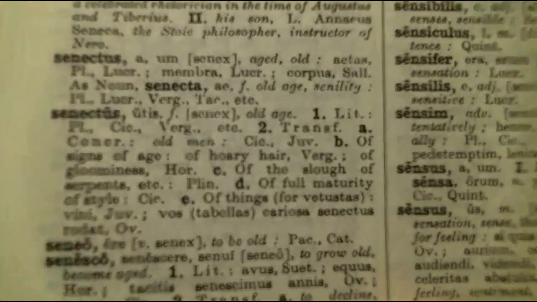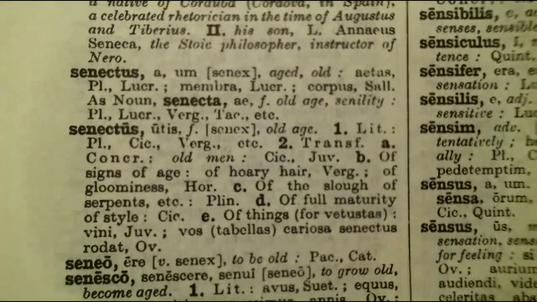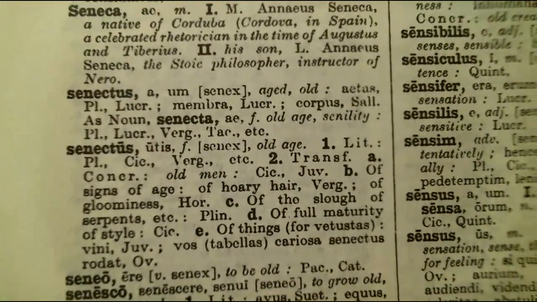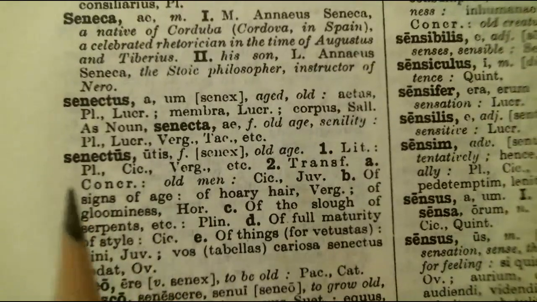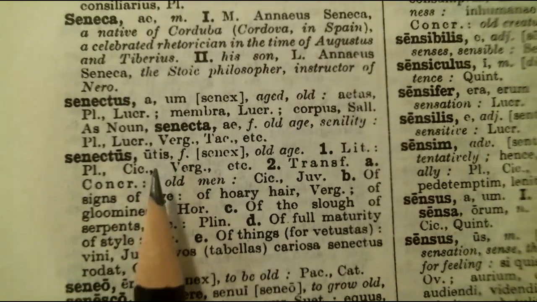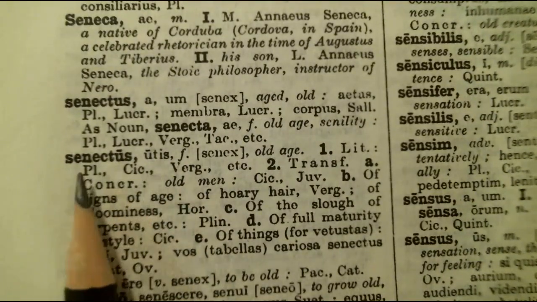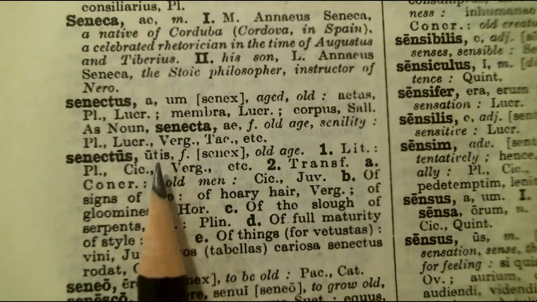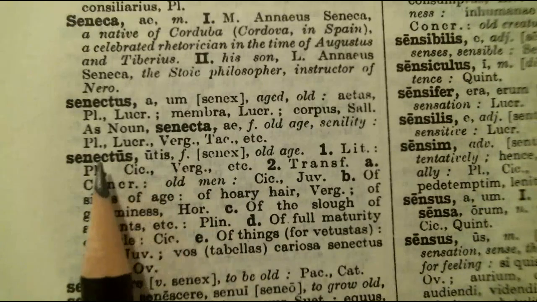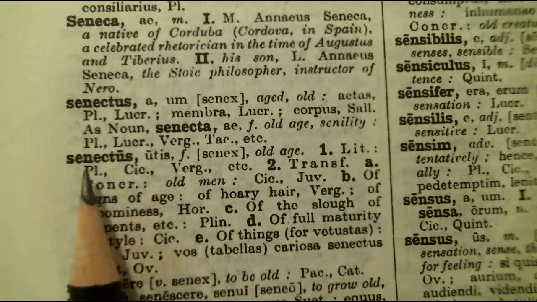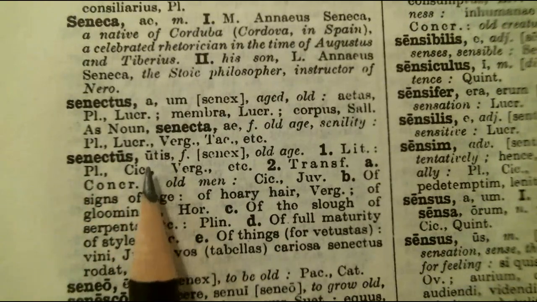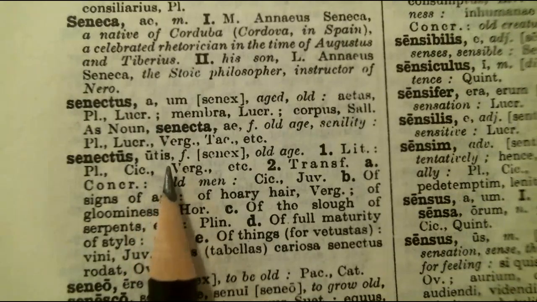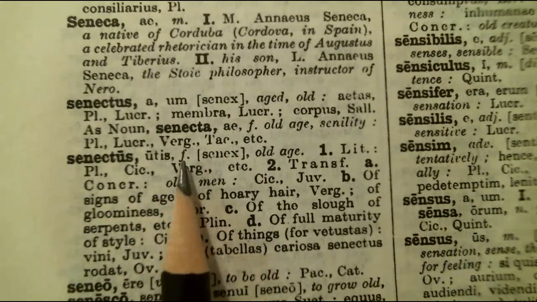Okay, so senectus. Now they're doing their dictionary entry a little different than Wheelock did it, right? So Wheelock has senectus and then he puts tutis for the genitive marker. This is more intuitive here. So you have senectus and then utis is the abbreviated genitive form, right? They tell you it's feminine.